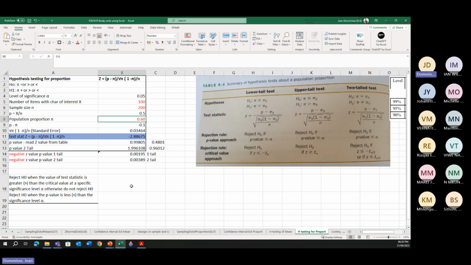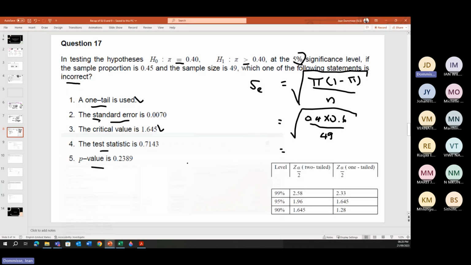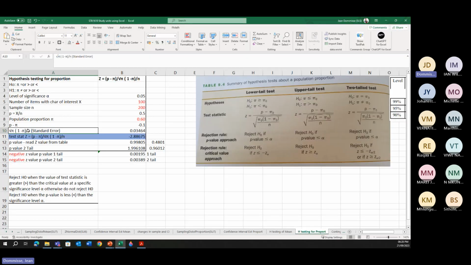Because the standard error is not really part of hypothesis testing, it doesn't really feature, but let's quickly make sure that we cover that in here as well, because it is part of this formula.